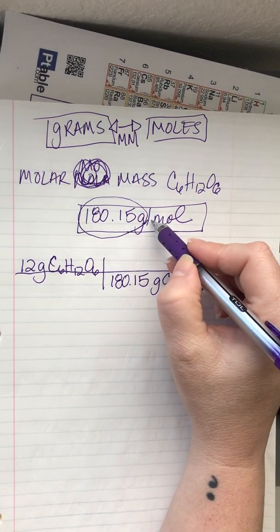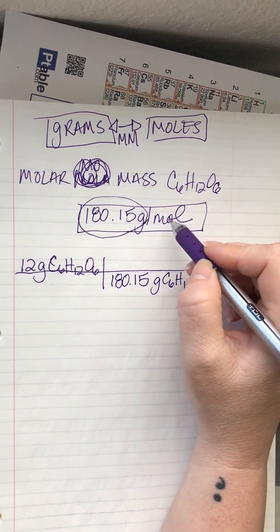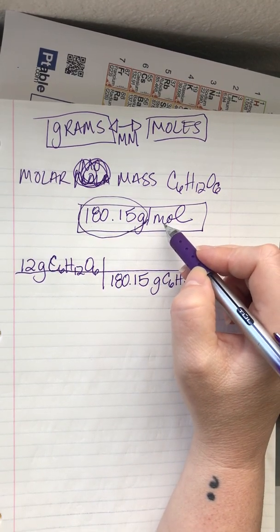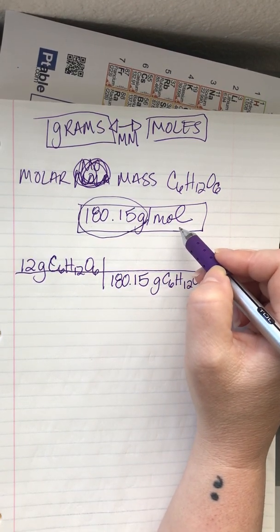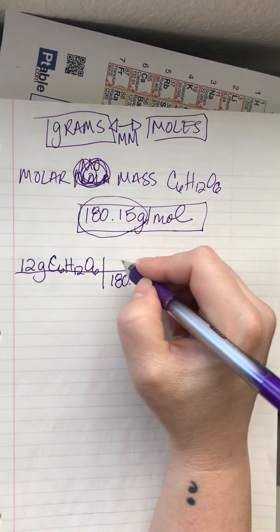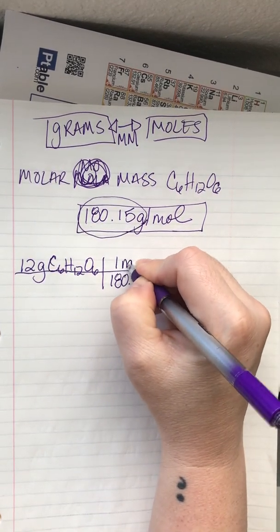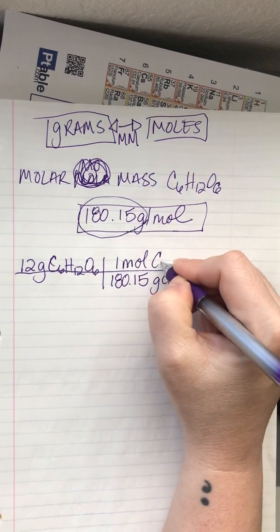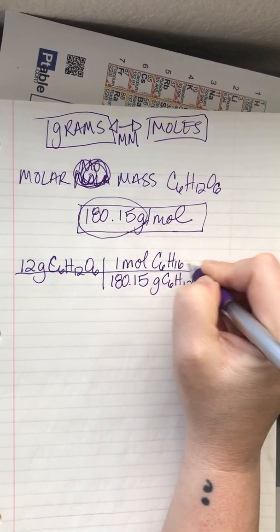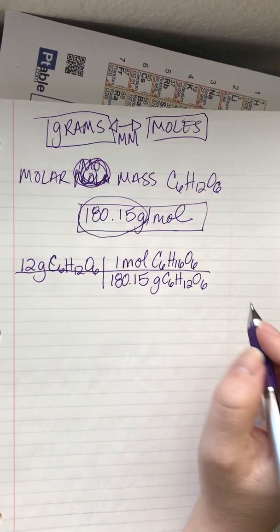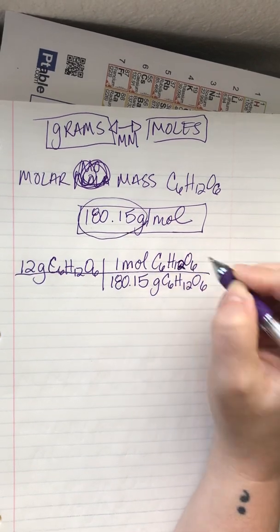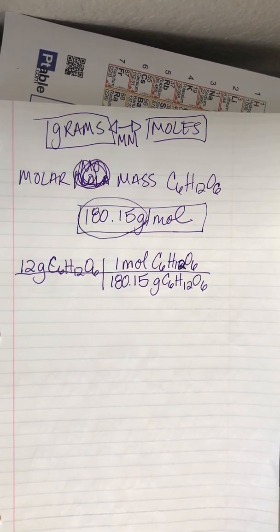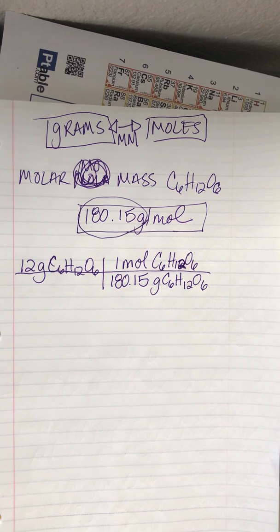And then this per mole, remember, when we have one of something on the bottom, we don't write the one, but it's implicit. So this is 1 mole of glucose, and the 12 grams on top. You guys still all right with me? Questions?